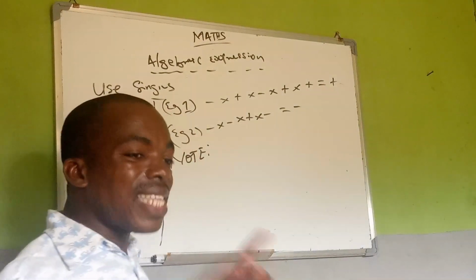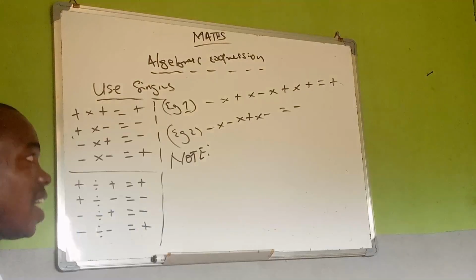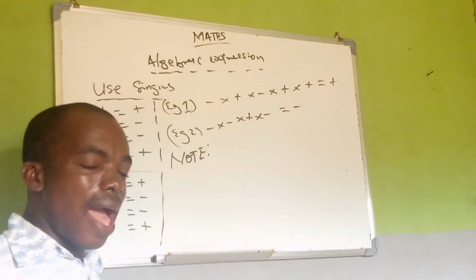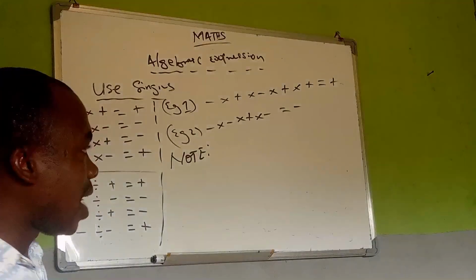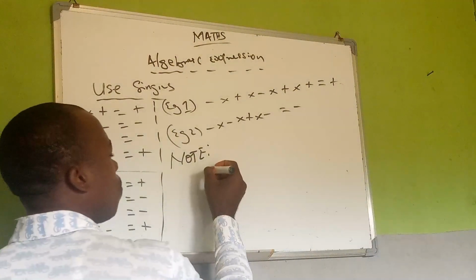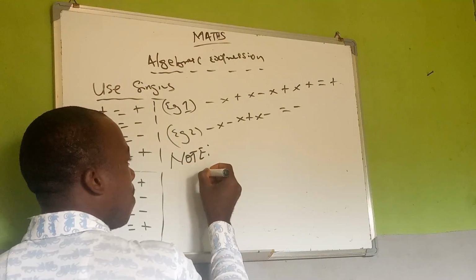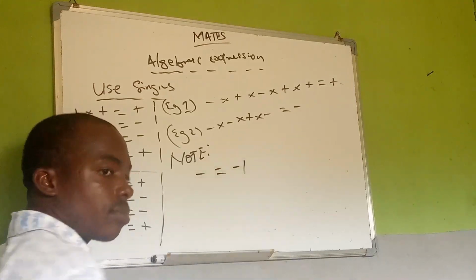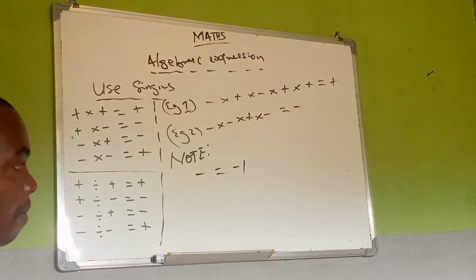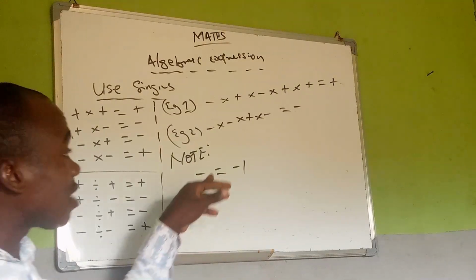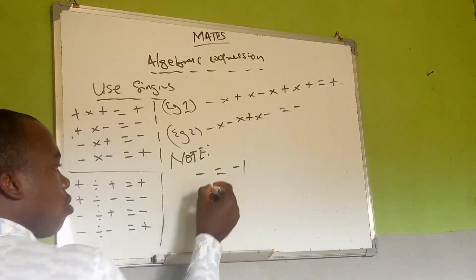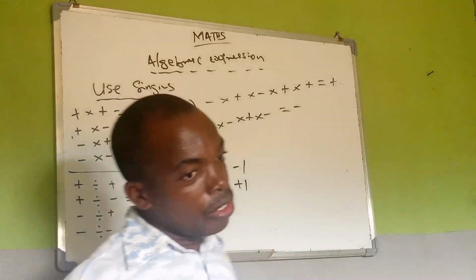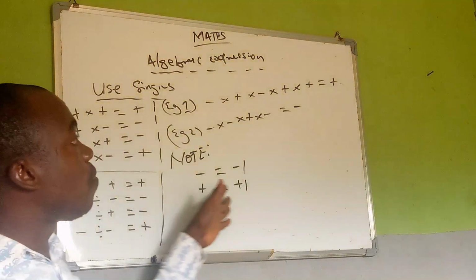So whenever a sign is standing on its own, there must be a 1 there. For example, minus alone is the same thing as -1. And plus alone is also the same thing as +1.